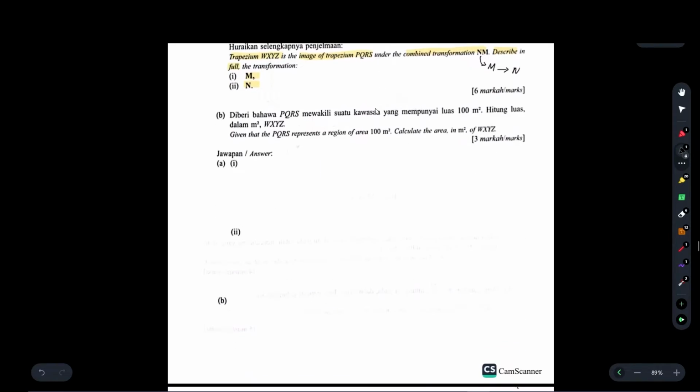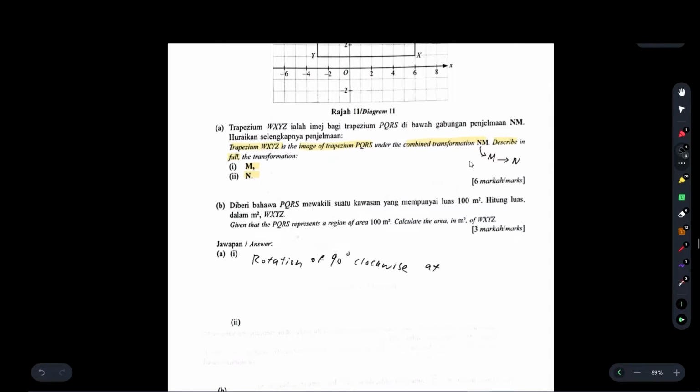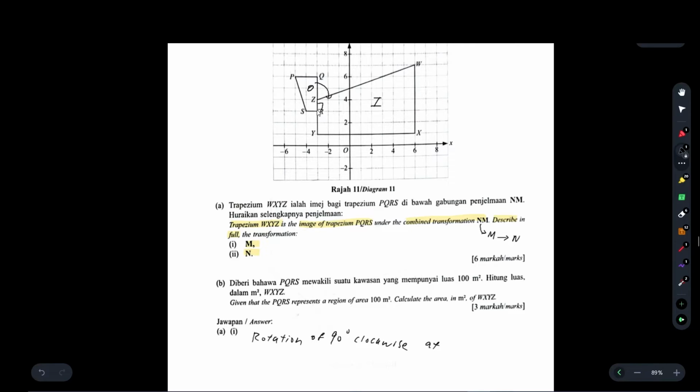So let's do that. Now we're going to describe it. Transformation M is a rotation of 90 degrees clockwise. We need to mention the center, so I think we're going to make the center just here.